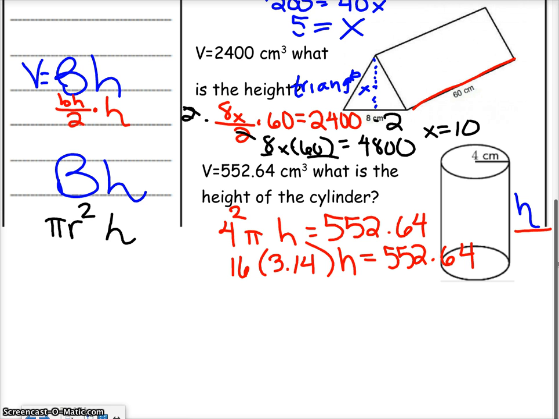What's opposite of timesing by 16 and 3.14? Dividing. So in my calculator, I would just go, let's see, 552.64 divided by 16 divided by 3.14, and h equals 11.